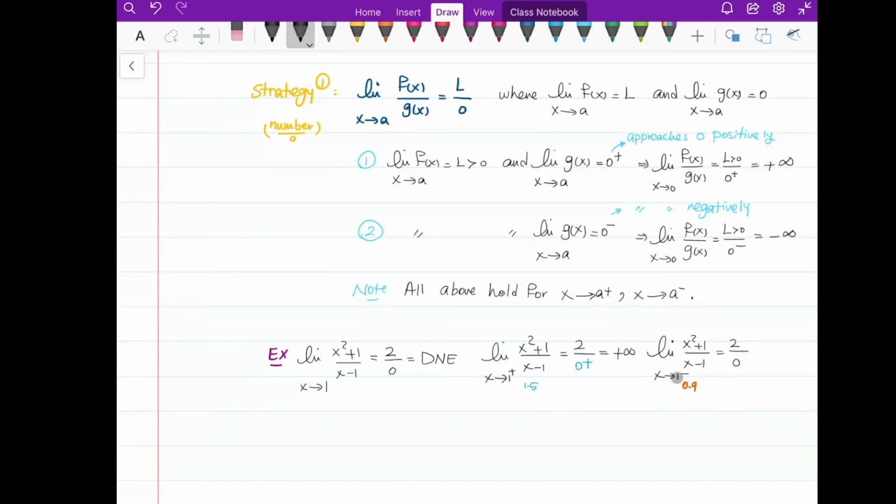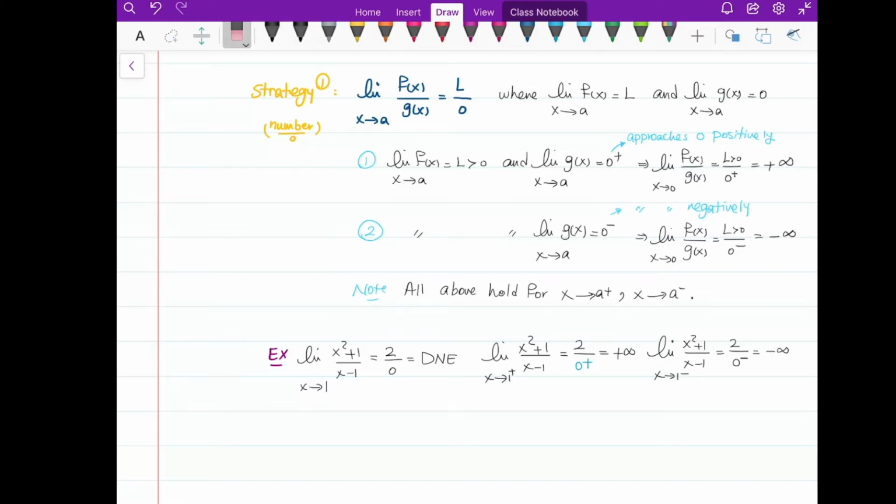But we are getting closer to 1 from the left hand side, which means from some numbers less than 1, like 0.9. So 0.9 minus 1 would be negative 0.1. So we're getting closer to 0 with some numbers that are less than 0, with negative. So positive over negative, I get negative infinity.